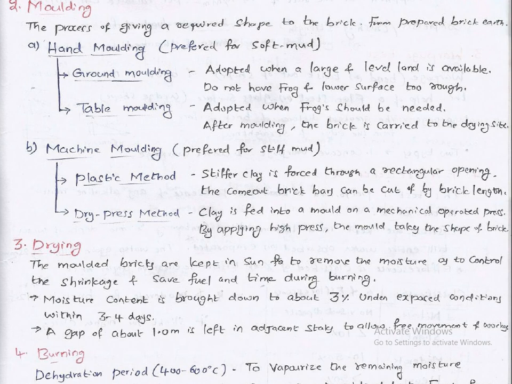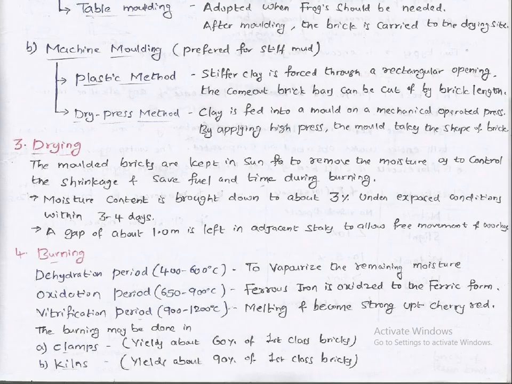Now comes burning. The hydration period at 400 to 600 degrees centigrade vaporizes the remaining moisture. Oxidation period, 650 to 900 degrees centigrade: ferrous oxide is oxidized to ferric form.